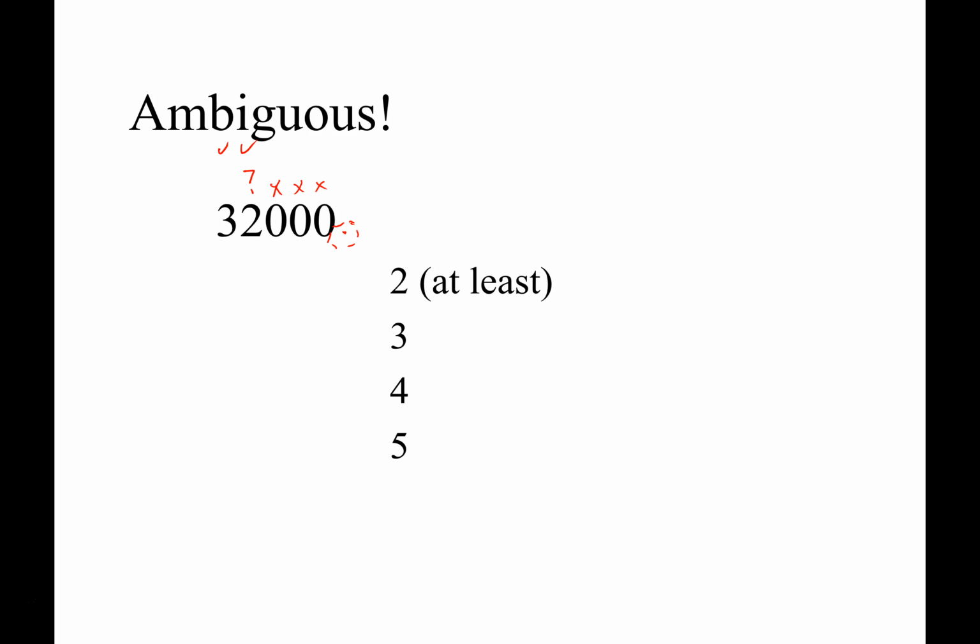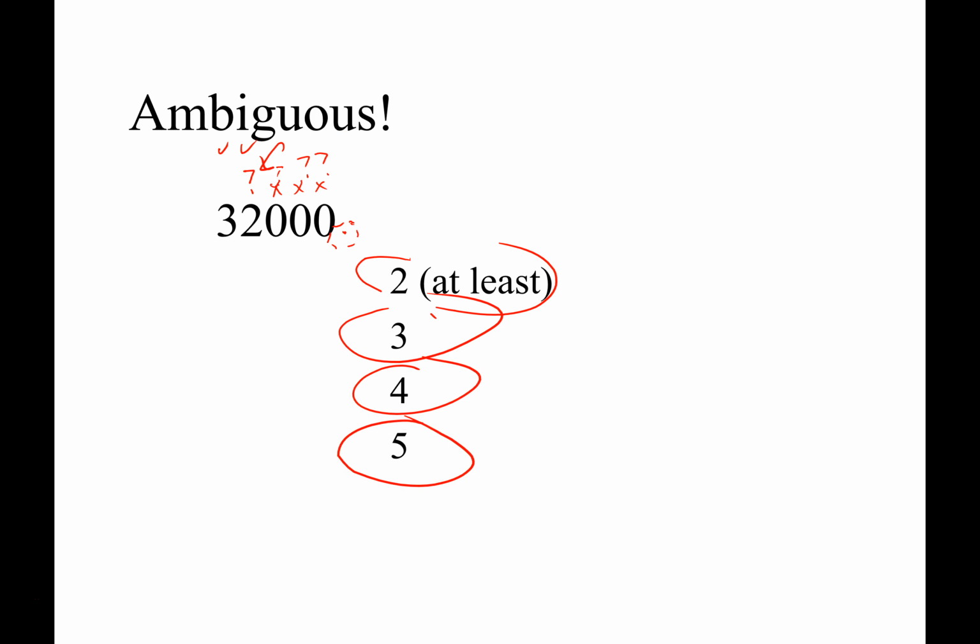So we don't know if the uncertainty starts here in the thousands place, or in the 100s place, or the tens place, or the ones place. Notice I have 2 significant figures if this is the case. If the uncertainty starts here, we have 3 significant figures. Here, we have 4. Here, we have 5. So that's kind of how that whole thing works.